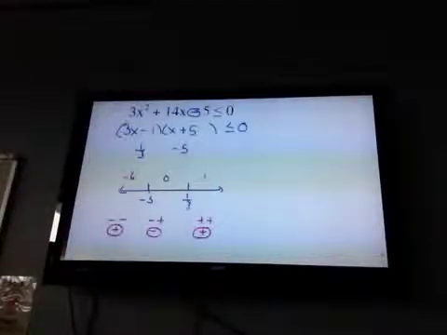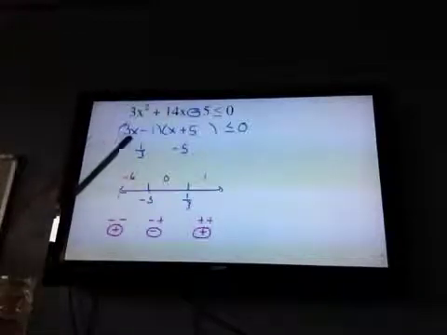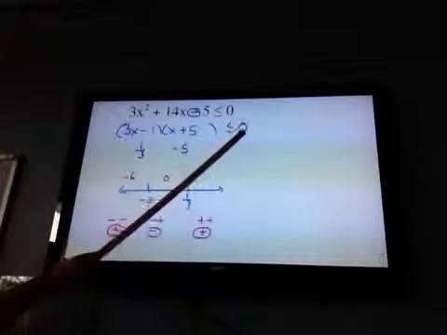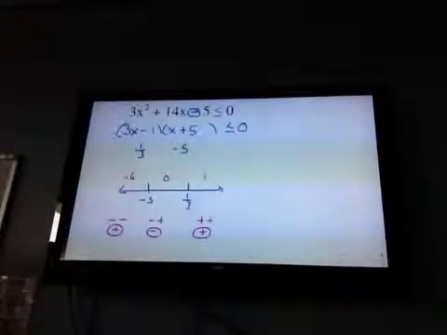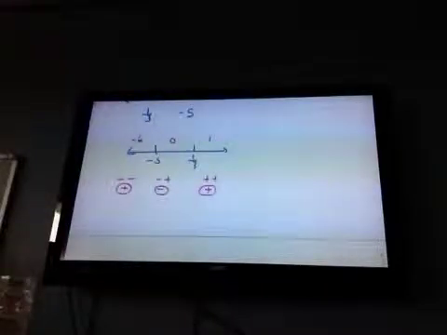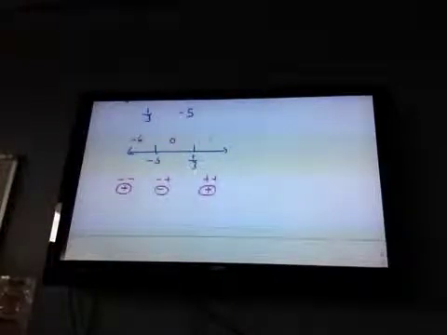Okay, so if we look back at our inequality in the factored form, we want the numbers that are less than or equal to 0. So that means negative numbers. The negative numbers are going to happen between -5 and 1/3. I will include those this time though.